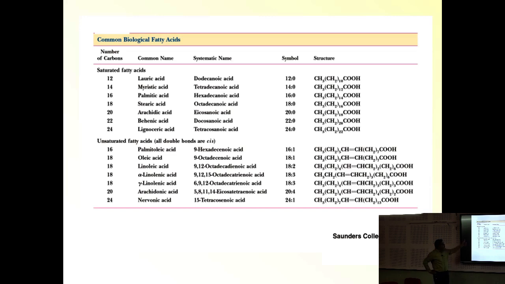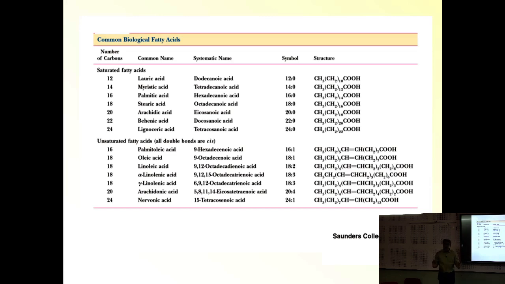Now these saturated fatty acids have 12, 14, 16, 18, then 20, 22 or 24 carbons, symbolized with 12:0, which means no double bond system. How will you remember these common names? LMP Sabel. Okay. Lauric, myristic, palmitic, stearic, arachidic, behenic and lignoceric.